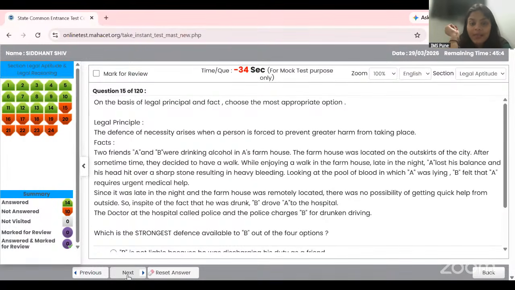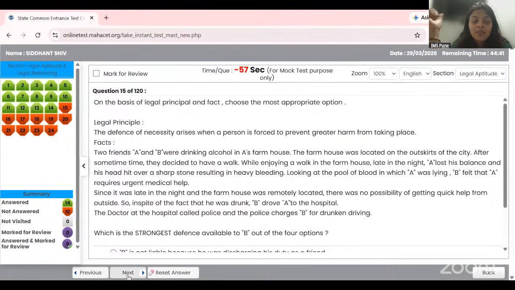Two friends were there, A and B, who were drinking alcohol in the farm in the outskirts of the city, and this person met with an accident. Now this person is about to die because there is heavy blood loss. So the other person, who was already drunk, decided to drive and take the other person to the hospital. Now we know that drinking and driving is an offense.